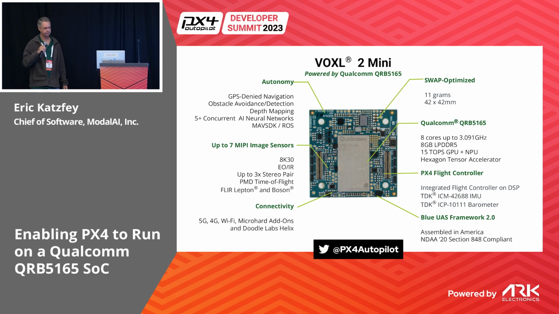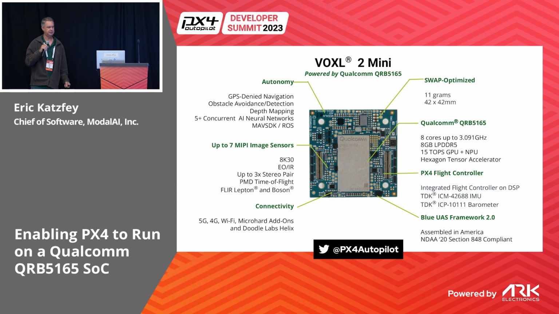Just a quick little overview of the device itself and the board that we've built to host the chip. This is our Voxel 2 Mini, so very, very small. Don't have one in my hand, but it's a very small board. The centerpiece of it is obviously the Qualcomm device, so that takes up the most real estate.